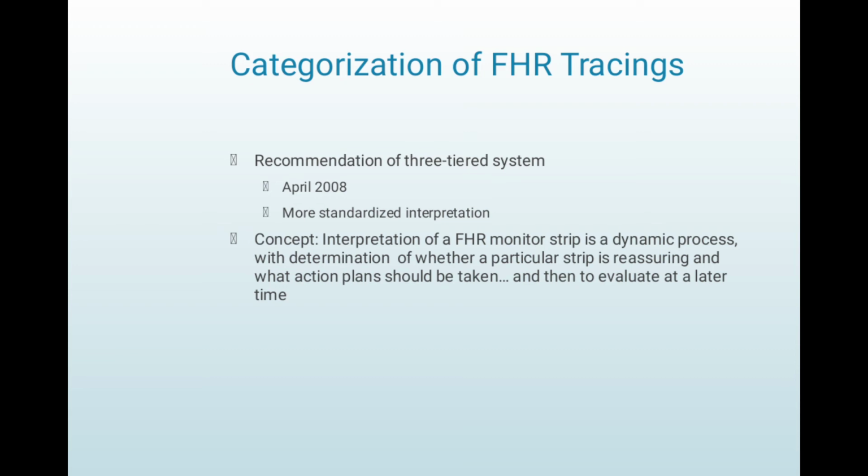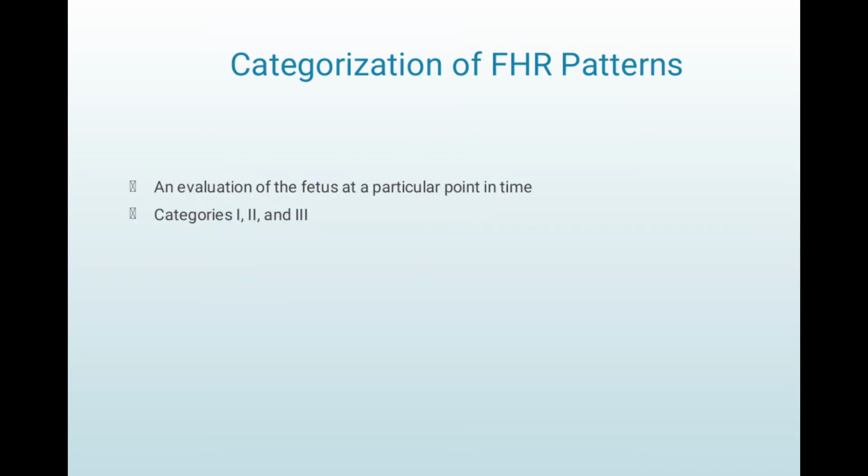Interpretation is a dynamic process with determination of whether a particular strip is reassuring, what action plans should be taken, and then to evaluate at a later time. Categorization of fetal heart rate patterns is an evaluation of the fetus at a particular point in time.